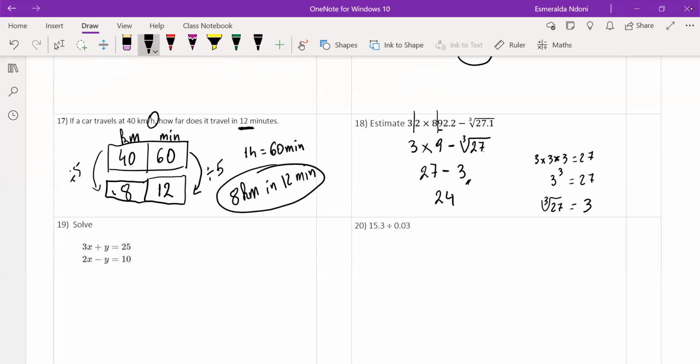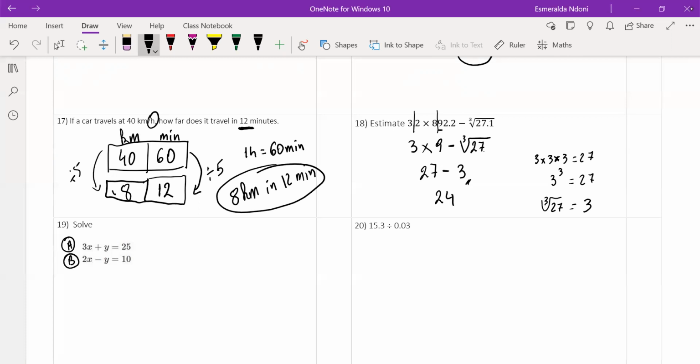Moving on to question 19, solve. Okay, we have 2 equations, 2 unknowns. We know now that we have to solve a simultaneous equation. Step 1, we label the equations A and B. Step 2, we check if the coefficient, or the number before x or y, is the same, if any of them.